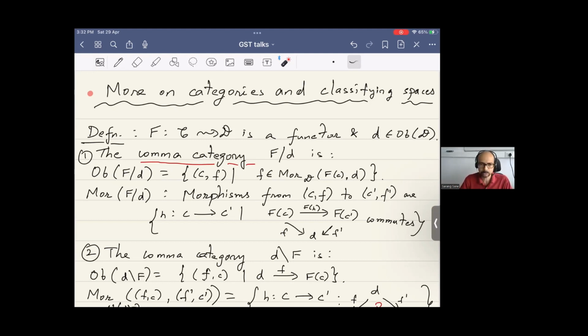Unfortunately, as we know, once we do category theory, there are a lot of definitions and diagram chasing. So again, it can't be helped.